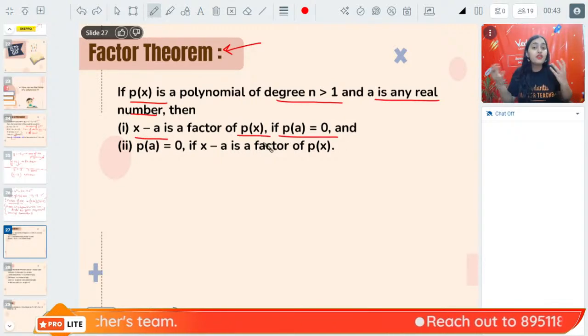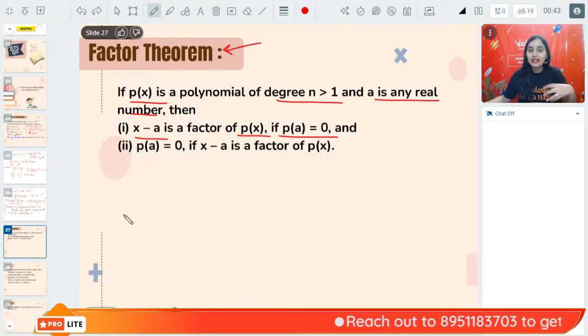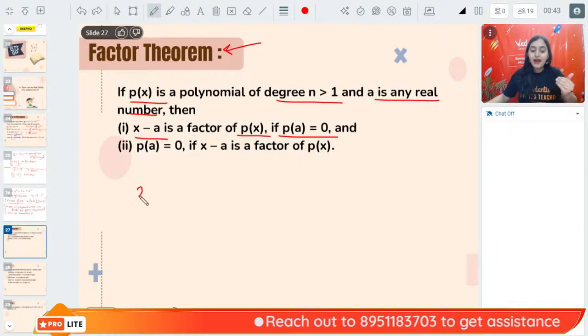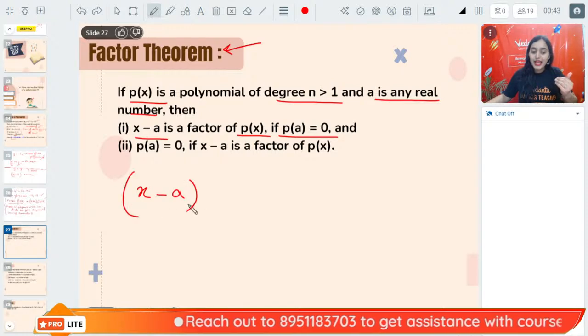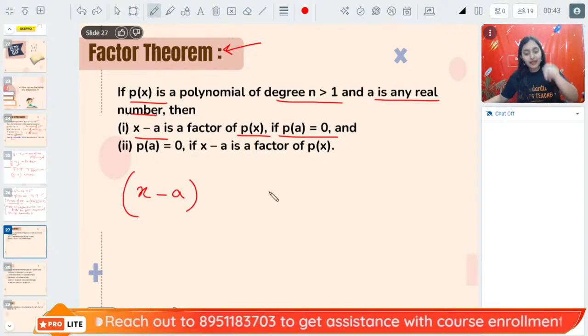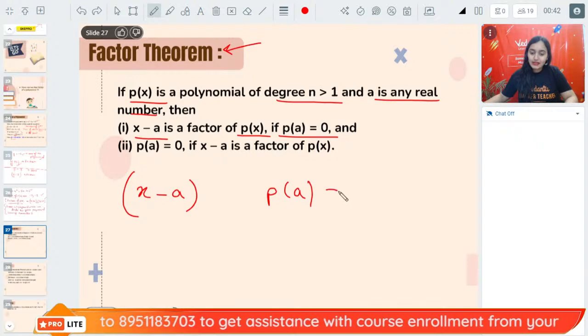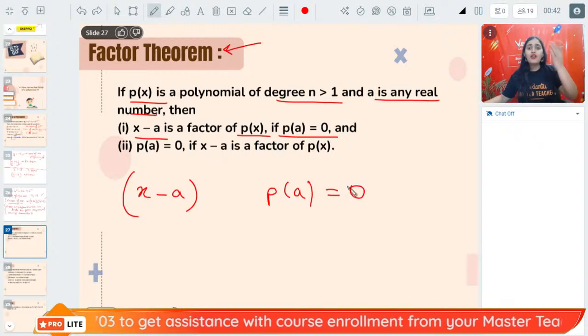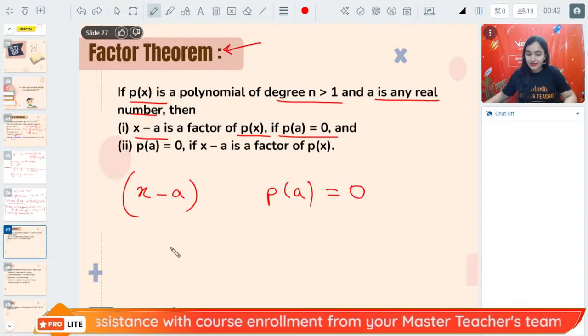So how to find out a factor? You can find out a factor by finding a polynomial x minus a such that pa is equal to 0.